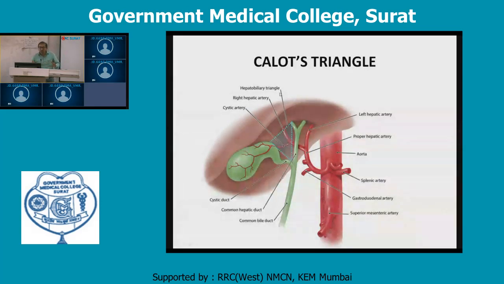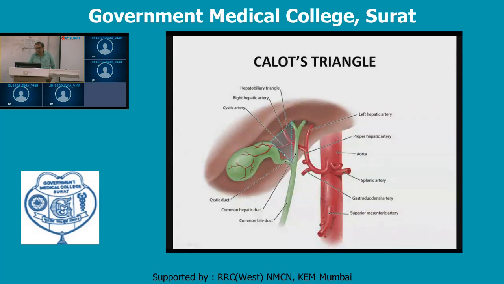Over the medial side, it is bounded by the common hepatic duct. Over the lateral side and superiorly, it is bounded by the under surface of the liver. And over the lateral side and inferiorly, the boundary is the cystic duct.